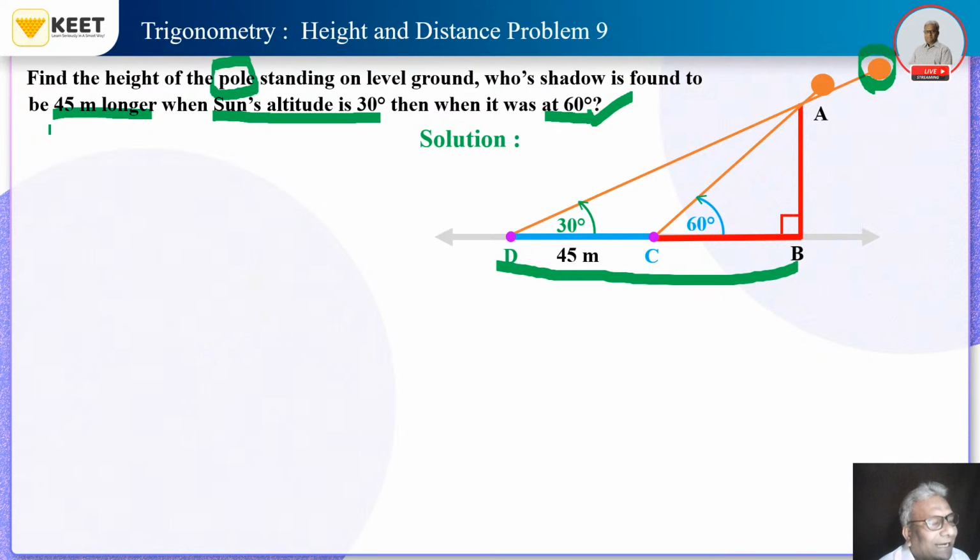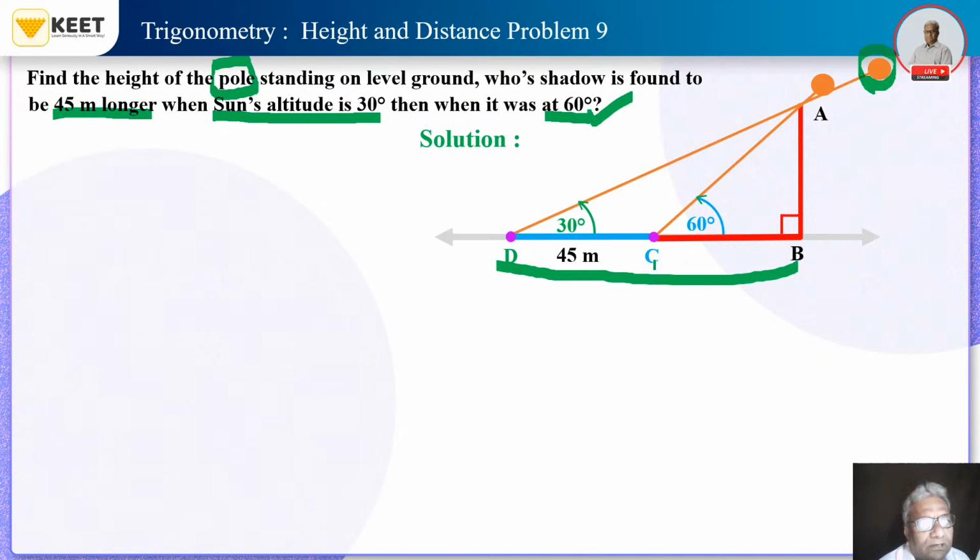That is what the problem is trying to say. So when it is 30 degrees, the length of the shadow increases by 45 meters compared to the original one when the angle was 60 degrees. If this is clear, we will go for the solution.